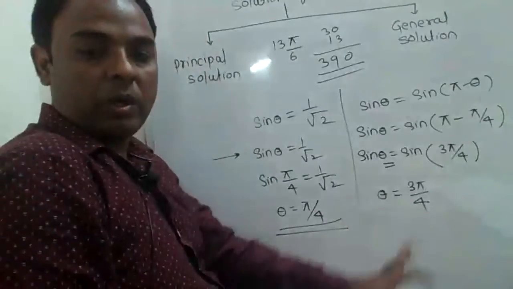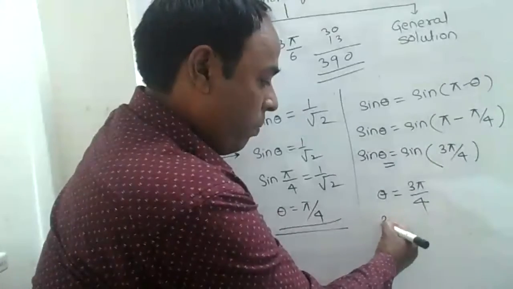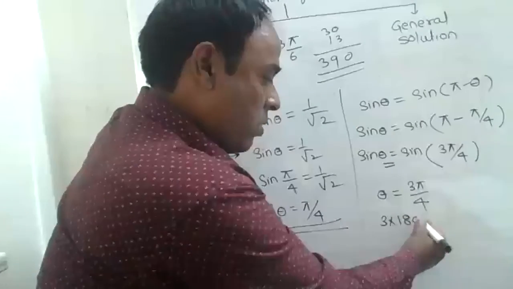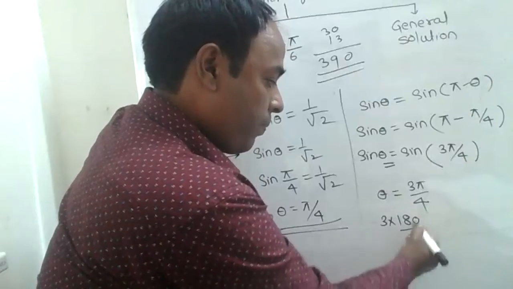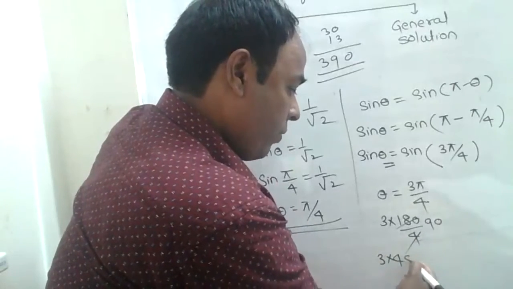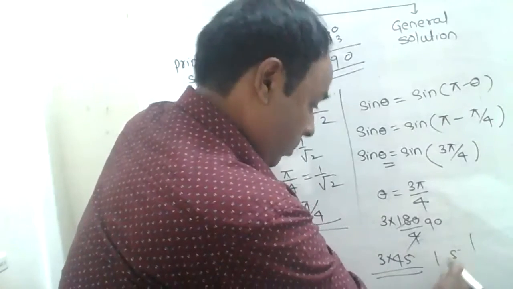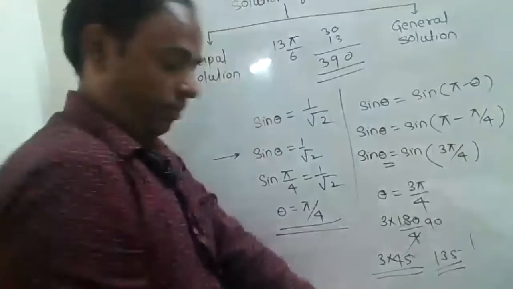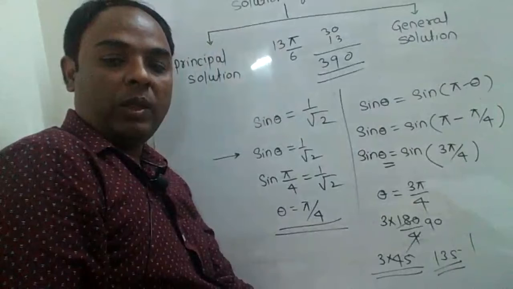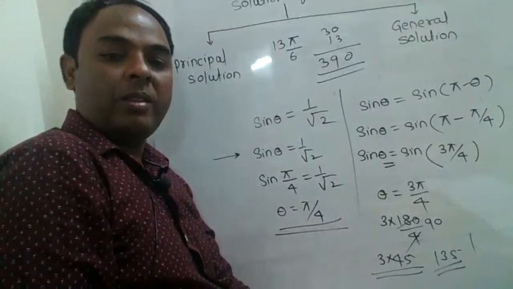ठीक है ना? So is this a principal solution? Let us check. So 3 into pi किती असतो मित्र? 180. So 180 upon 4 is 45. So 3 into 45 is 135. So 135 is greater than 0 and less than 360 degrees.